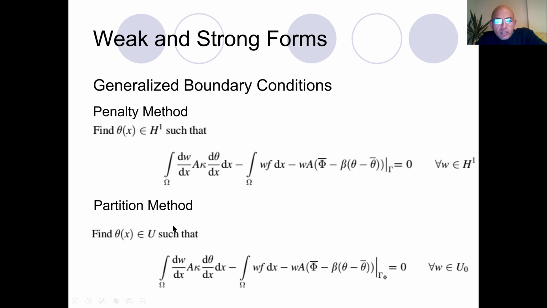Of course, in the partition method it's a little bit different. So theta x is again a member of the function space U, but in this case this is 0. Again, this term shouldn't be here. Okay, it's a mistake. Just exclude this part.